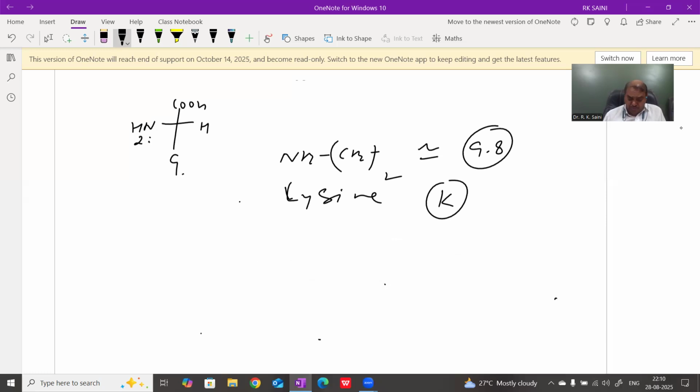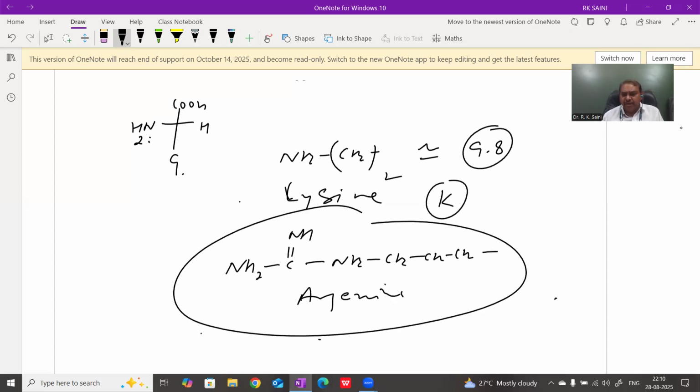Now, the most basic amino acid is the one with NH2, C double bond NH, then NH2, CH2, CH2: arginine. It is the most basic amino acid among all known.